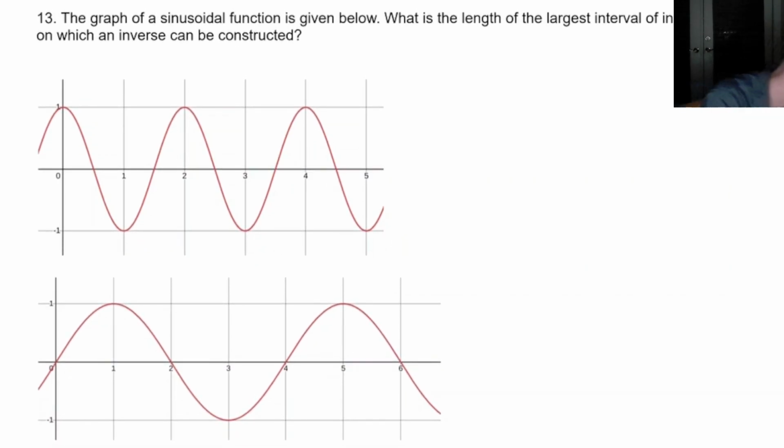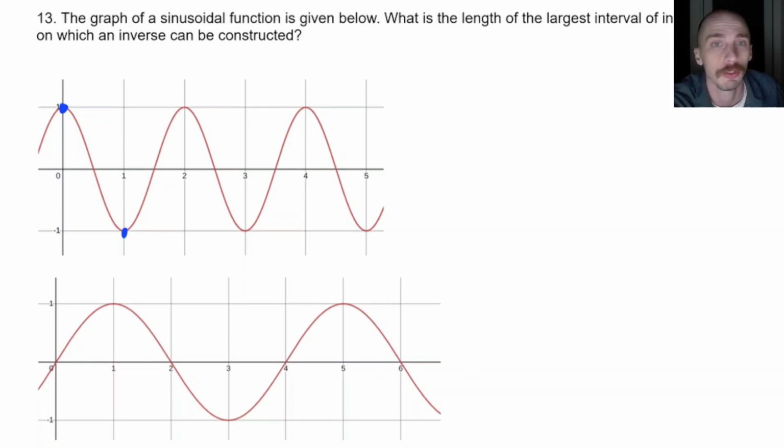So I think the easiest thing is what Ms. Salas suggested to me: say maximum to minimum, or minimum to maximum. But really, without getting too much into the topology of the situation, a function is going to be invertible on a domain if it's strictly increasing or strictly decreasing.